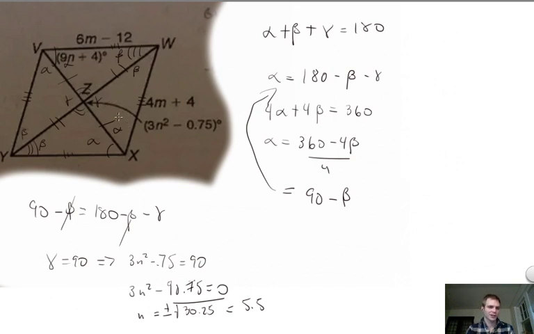Oh, it's a square. Crazy. It's a square. Yeah. So this is 45. 45. Yeah, it's a square.